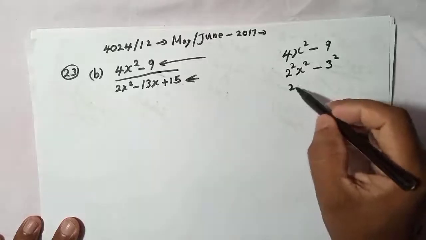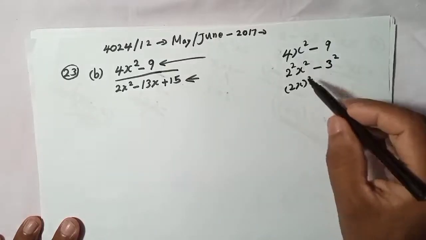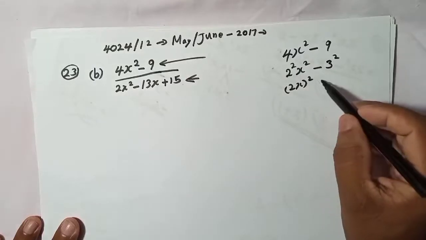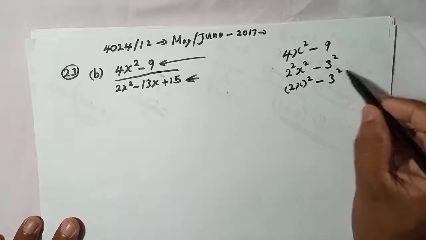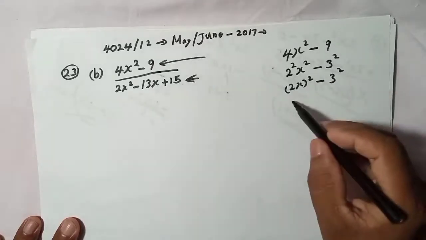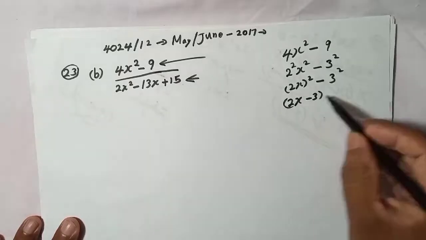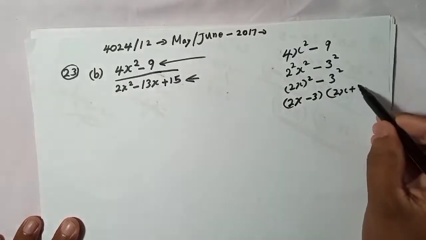So this is 2x complete square, because both are squares, so I can put it outside like this, and then minus 3 square. Now the difference of two squares, square minus square, so I can directly write the answer: 2x minus 3 and 2x plus 3, right?